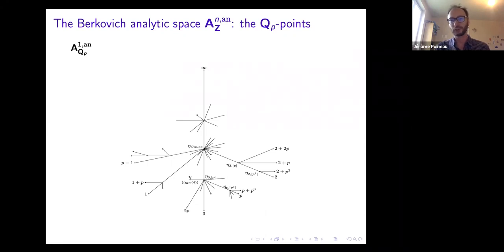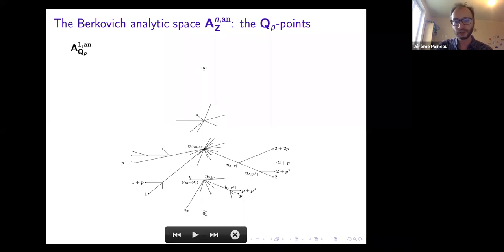Maybe you saw this kind of picture before if you ever heard a talk about Berkovich spaces. One nice property is that Berkovich spaces are path connected, which is a bit disturbing since we started with something like Q_p, which is itself totally disconnected. So how does it work? It's really because of those additional points that we added.